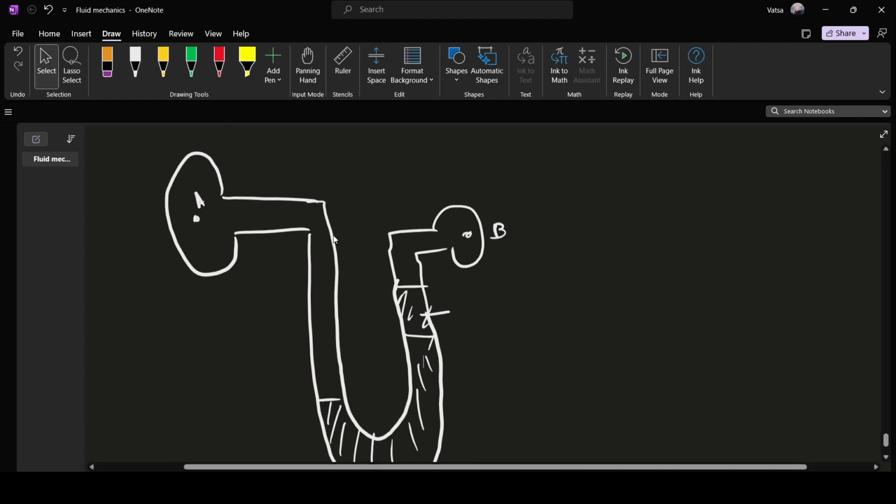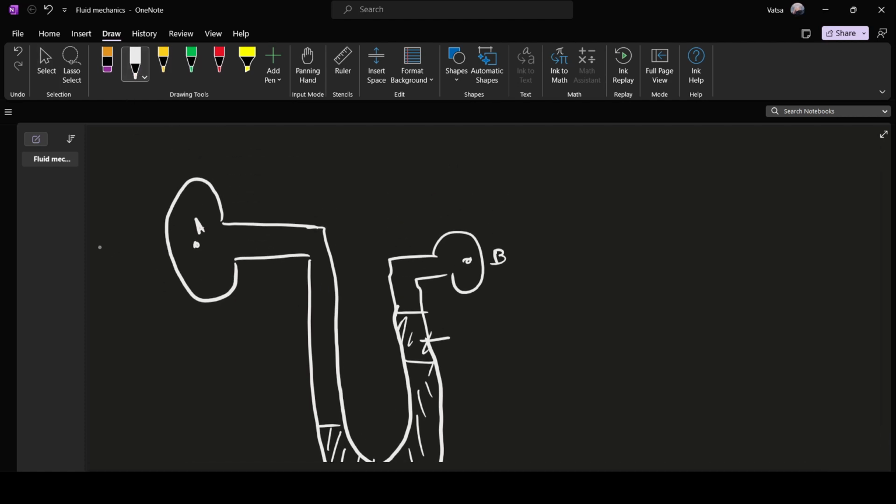Just like the other one, this distance we will consider as y, because there are a few more distances we have to consider.